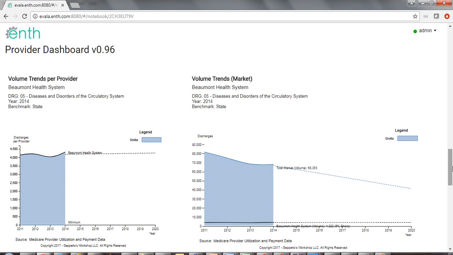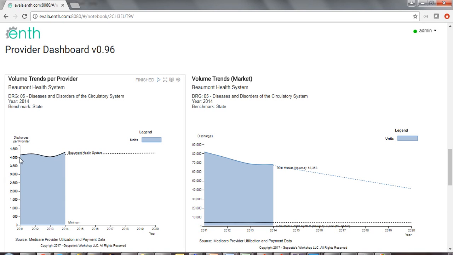These next two charts are similar to the previous two that we looked at, except we're looking at volume in this case. So again, as we recall, Beaumont saw 4,322 patients in 2014.